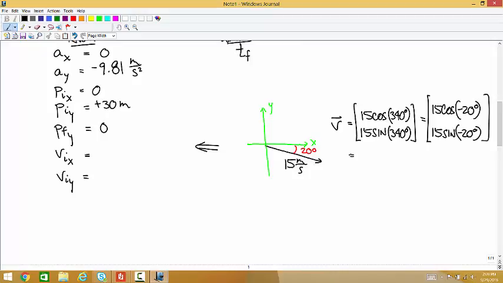And if you calculate that, can someone calculate that? 14.095, okay? Negative 5.13. So VIX is 14, let's call it 14.10.